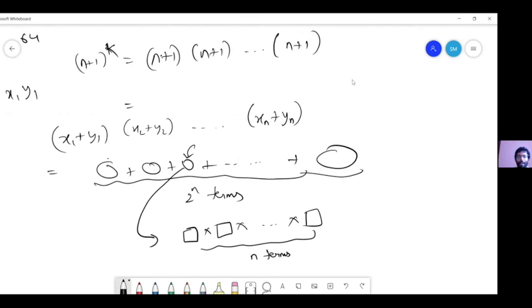Now what can you tell about each of these factors? One from each of these n terms. Let's say x1 from the first, x2 from the second, and so on. Nice, very nice.